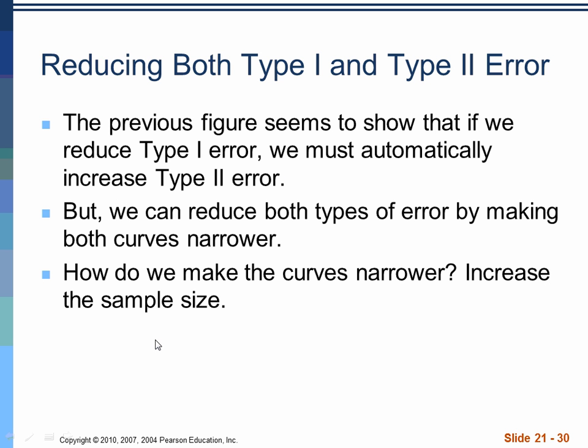The previous figure seems to show that if we reduce type 1 error, we must automatically increase type 2 error. But we can reduce both types of error by making both curves narrower. How do we make the curves narrower? We increase the sample size.